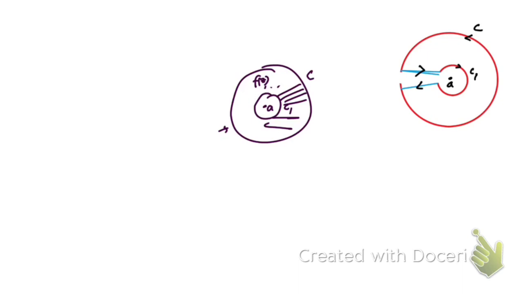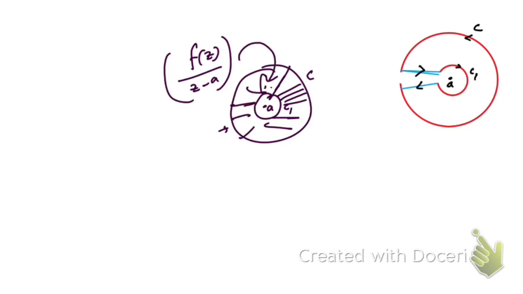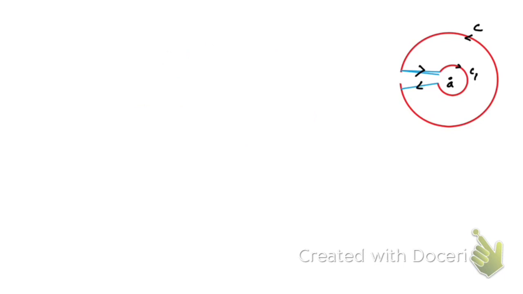To make this function f of z by z minus a analytic within the region bounded by these two circles, and not at any other point beyond this region bounded by C1 and C, C1 must be very small such that it encloses only this point A where this function is not analytic. So hope you have understood these things clearly. So we can say that r, which is the radius of this C1, tends to 0, right?